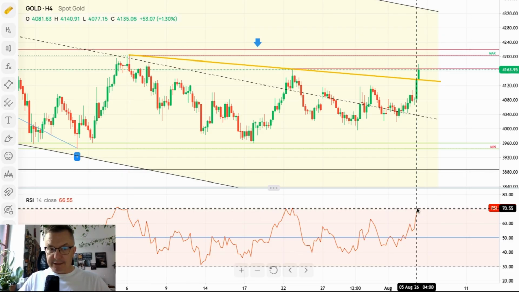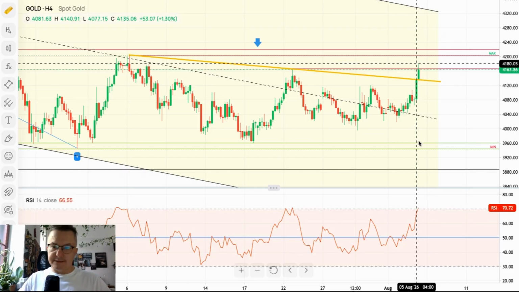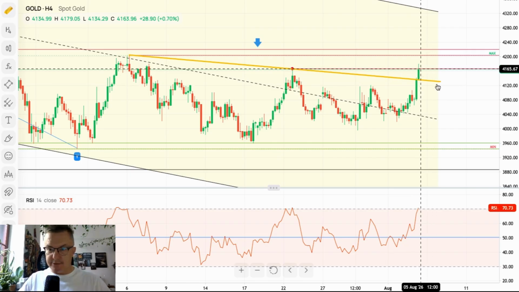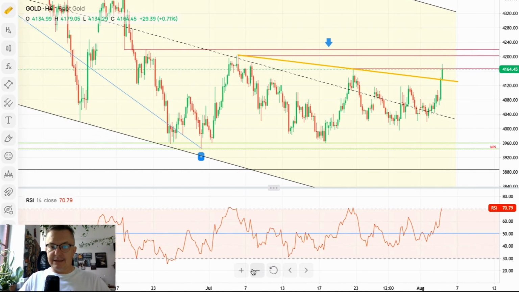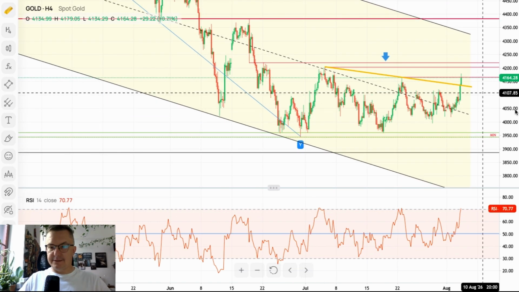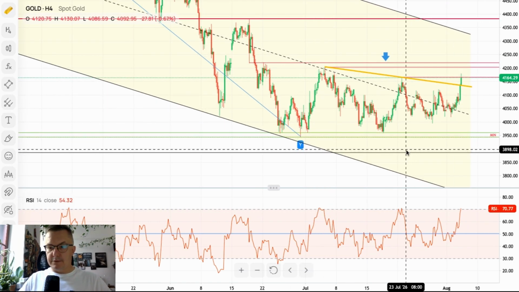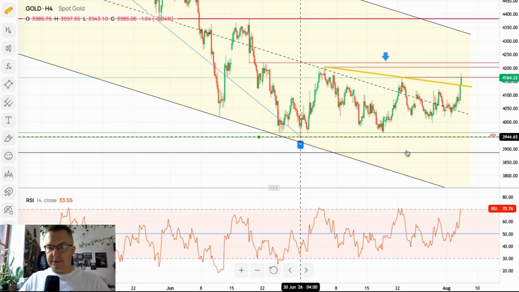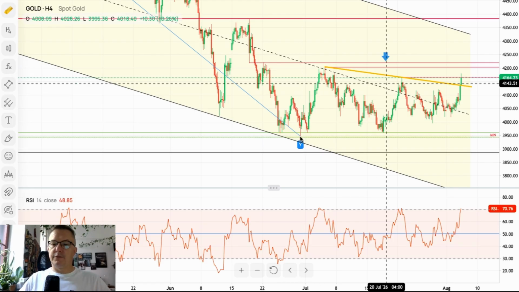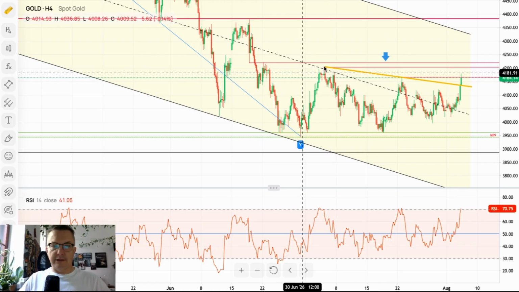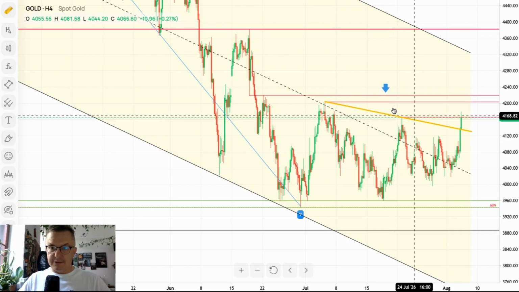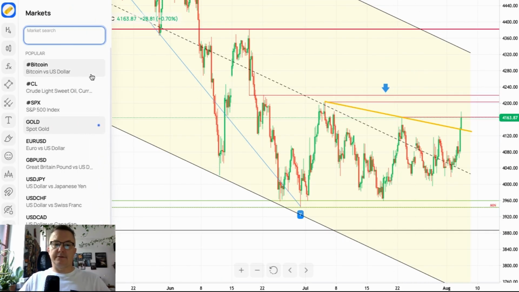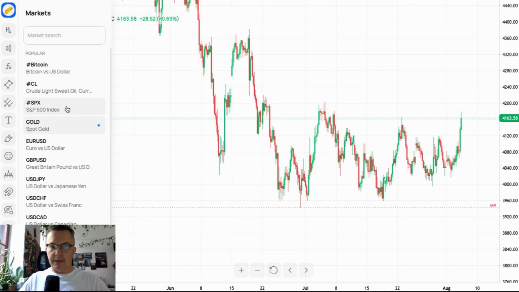Nevertheless, we hit extremely overbought conditions, so we might see some sort of profit taking, some sort of pullback before the bulls will attack yet again. Nevertheless, this is still inside of this big range between 3,943 and 4,223.25. So that's still the situation when the market is trading inside of the range despite the recent movement up.